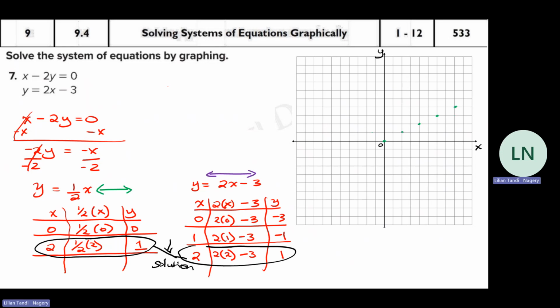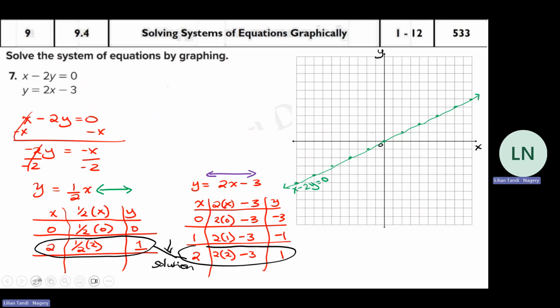I go back here, I do the opposite: 2 left, 1 down, repeating that several times. Now, with my marker, I join all my points in a straight line, put an arrow, and label my equation x minus 2y equals 0.